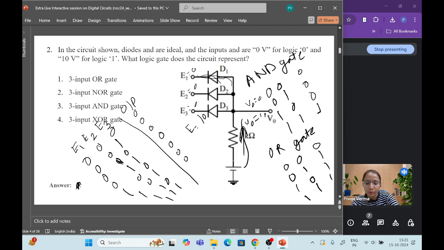So 10 volt, and 10 volt represents 1. So in that case this will act as an AND gate, not an OR gate. This circuit will act as a 3 input AND gate. I hope you understand this question.